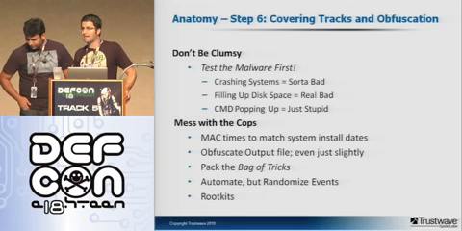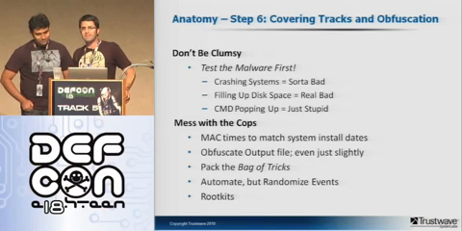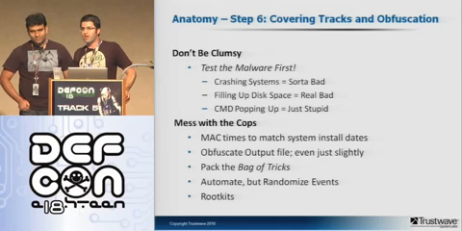Packing, basically packing the bag of tricks using packers. You don't have to pack the custom malware you wrote because AV is never going to detect it. But if you're bringing along some other utilities, you have to pack those in order to really be covert in some fashion. Basically automating, but randomizing events. And we're going to show you some things that are going on in some of the latest pieces of malware. But most of the malware writers today are basically lazy, right?